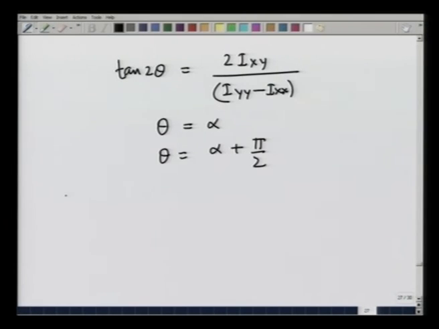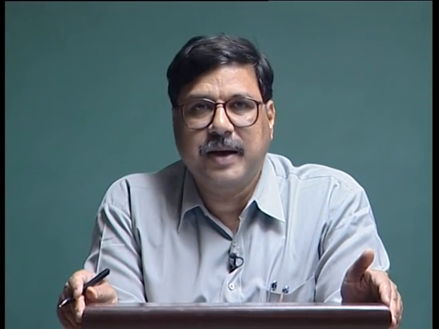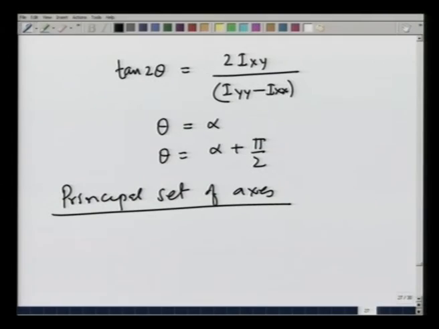So, we found a set of principal axes such that not only the product of area vanishes, the second moment of area is also either maximum or minimum. If it is maximum about the x axis, about the other y axis it becomes a minimum. If it is minimum about the x axis, it becomes maximum about the y axis.